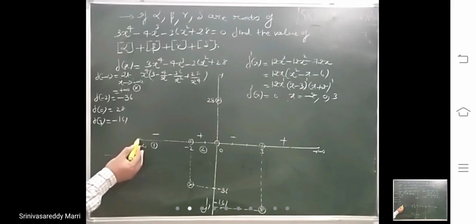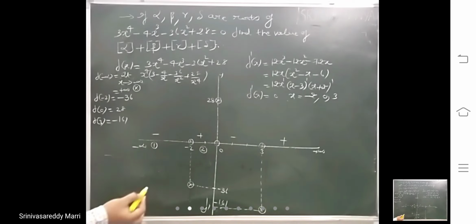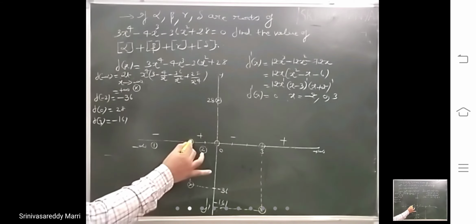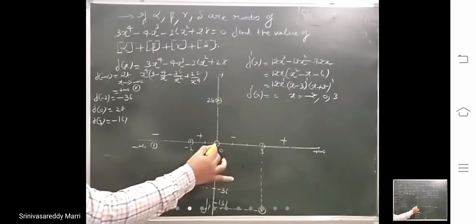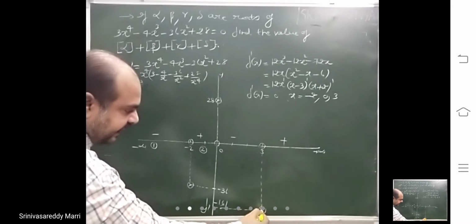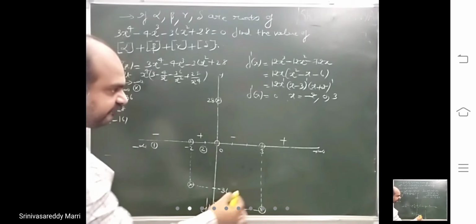After that you have to find at -infinity what is the value. You got +infinity. So at -2, what is the value? You got -36, so the graph will be below. f(0) is 28, the graph will be here. f(3) is -161, the graph will be here.